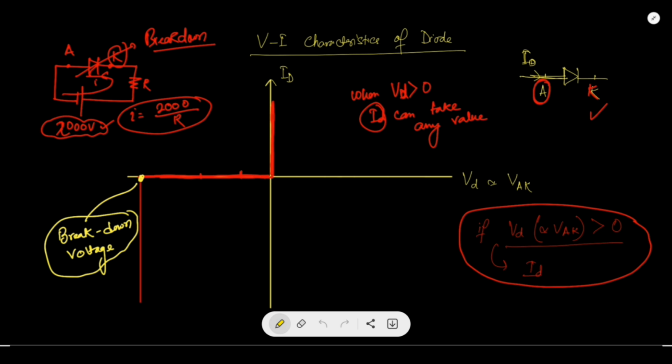But one thing you should know, that when the diode breaks down, obviously it will allow the current to pass, but it will also, across this diode, whatever is the breakdown voltage, that amount of voltage will appear across the diode.